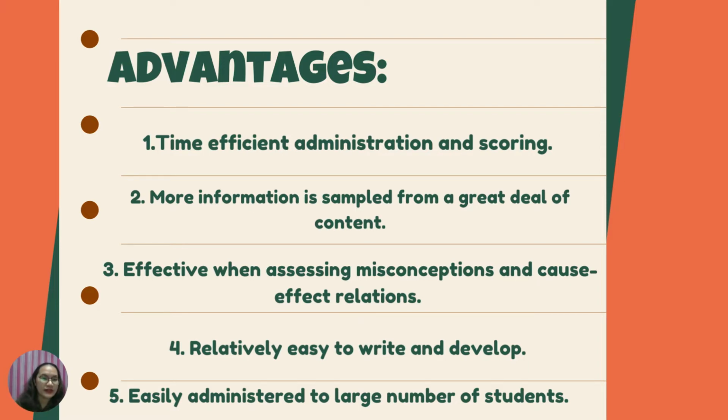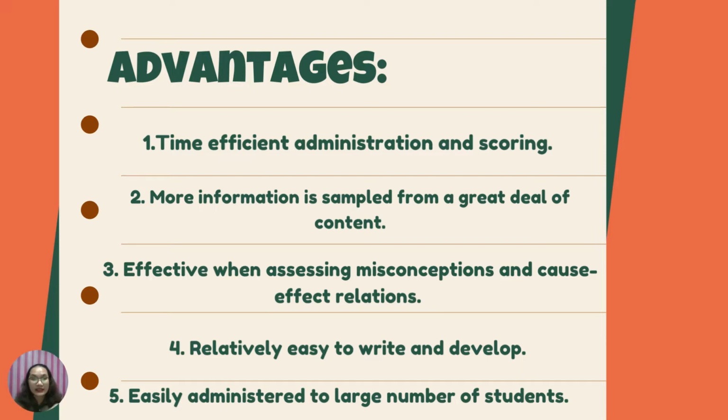Number 4, relatively easy to write and to develop. So it will not take a lot of time for us teachers to construct a true or false test. And then number 5, it is easily administered to a large number of students.